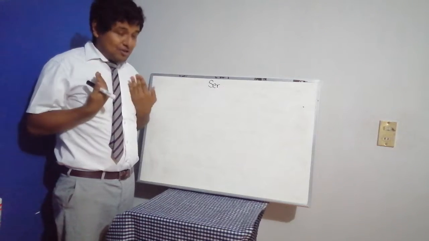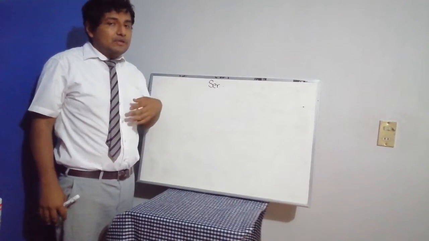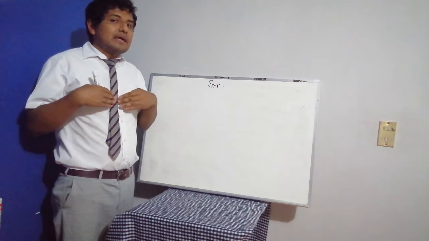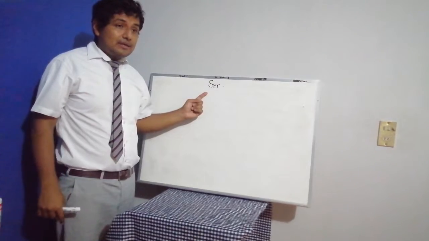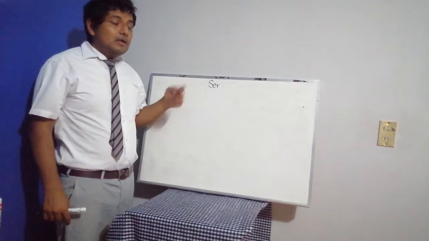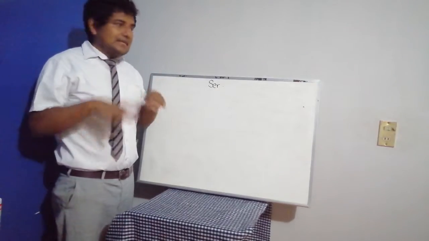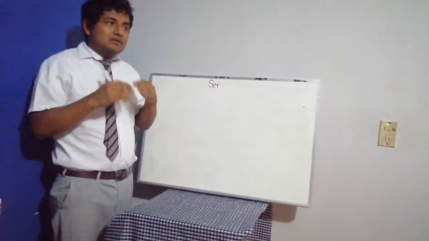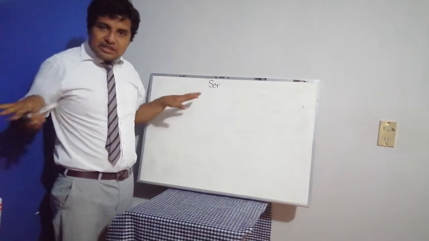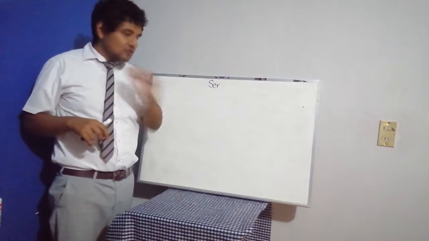I say I'm young, but in the future I will be old. It's something that eventually is going to change if we use ser. But we are going to learn that it's for things that are not going to change anymore. The condition of that thing is like this, and it's not going to change.